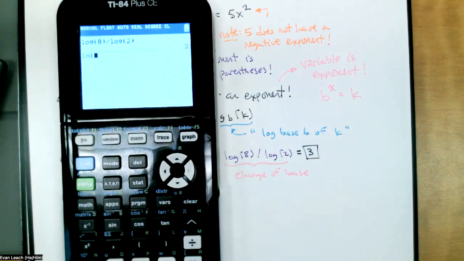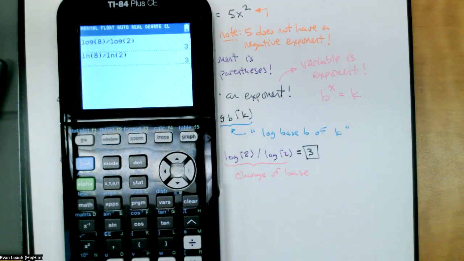So if I take the natural log of 8, divide by the natural log of 2, I still get 3. As long as you're consistent with both of those, you can use whatever base your calculator has. If you get some weird alien calculator where the log button is log base 7, that'll be fine. You can use log base 7, as long as you do it in both the numerator and the denominator.